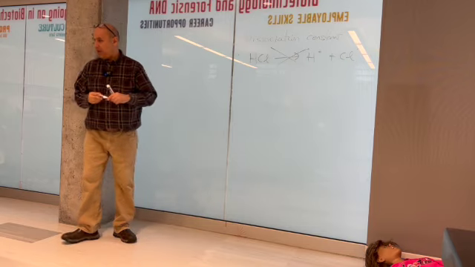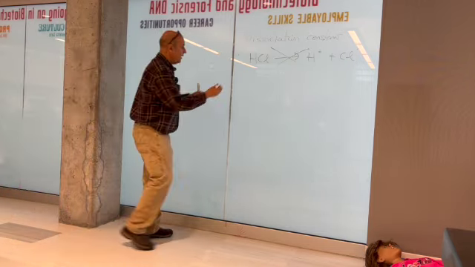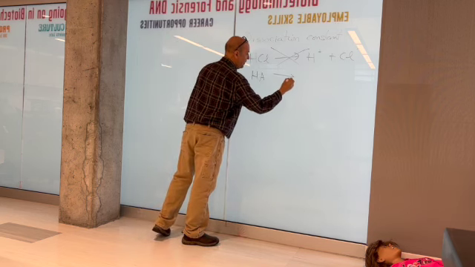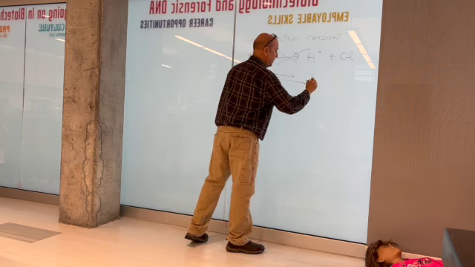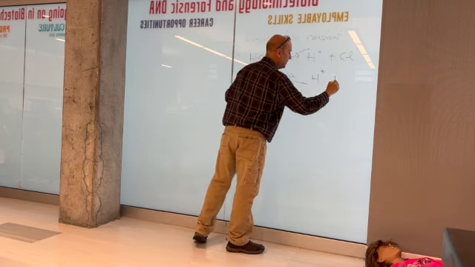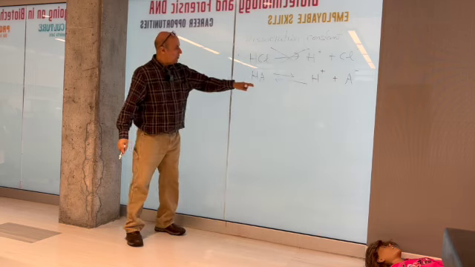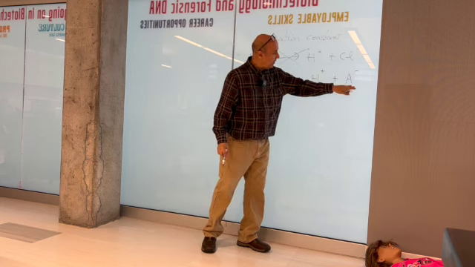Now, for a generic weak acid, and let's just call it HA, there is a dissociation constant unique to that particular acid. So the weak acid breaks apart into protons and the conjugate base.